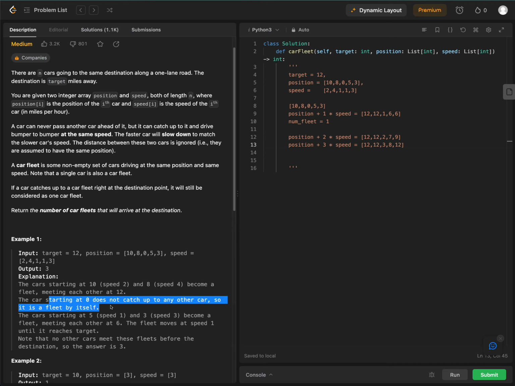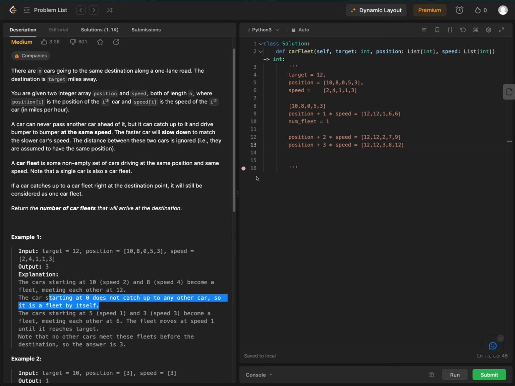The starting car at 0 does not catch up to any car. This one just increments by 1, so nothing happens, and this also increments by 1. But this one on the other hand, we have 7 and 9, the car starting at speed 1, starting at 5, and starting at 3.